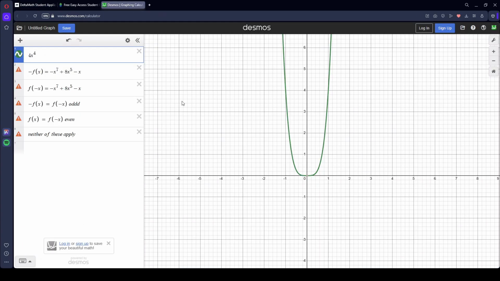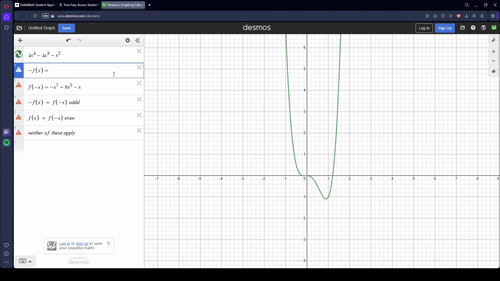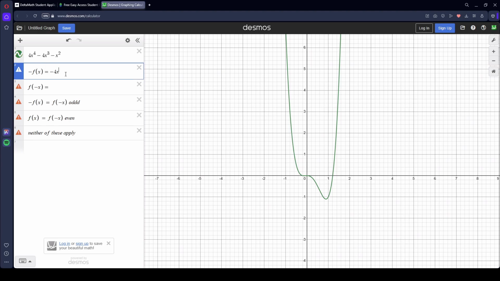4x to the power 4 minus 4x to the power 3 minus x squared. Wow, this looks like not a graph. Honestly, nothing. Okay, so negative 4x to the power 4 minus 4x.